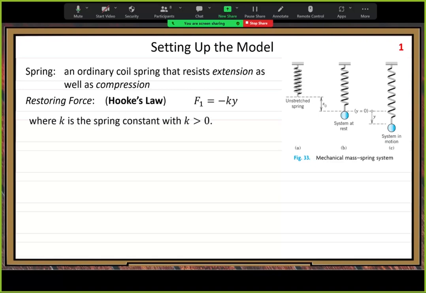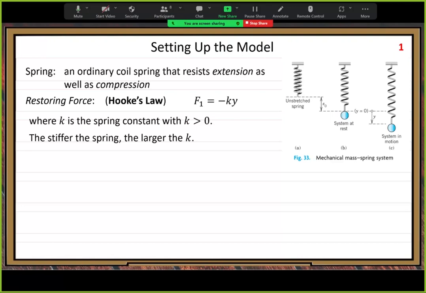So here we used downward as the positive direction, where K is the spring constant with K positive value. And from Hooke's law and based on our intuition, the stiffer the spring, the larger the K value.